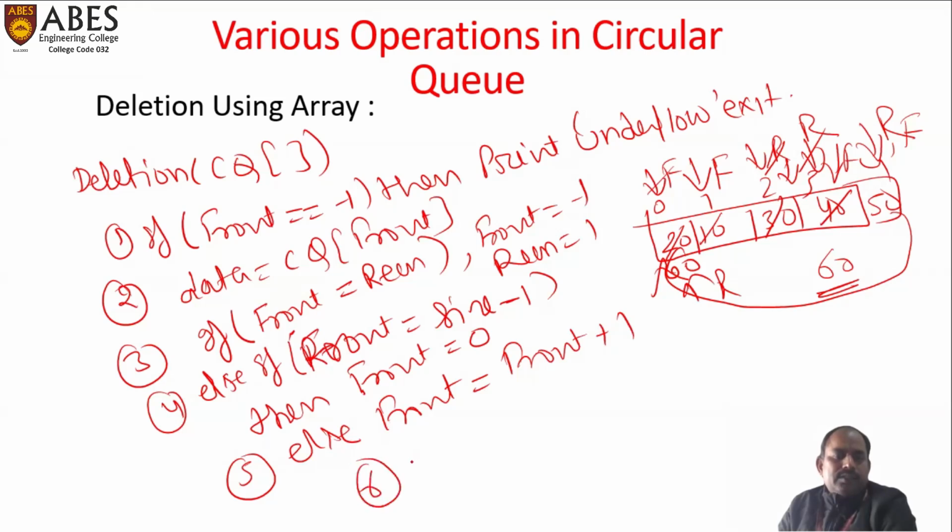In the sixth step, we just perform the exit operation. So this is the algorithm for the deletion operation in circular queue.